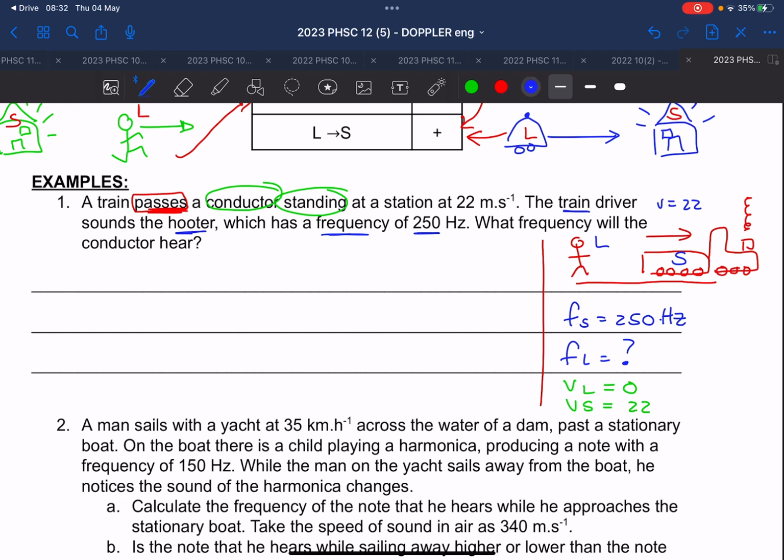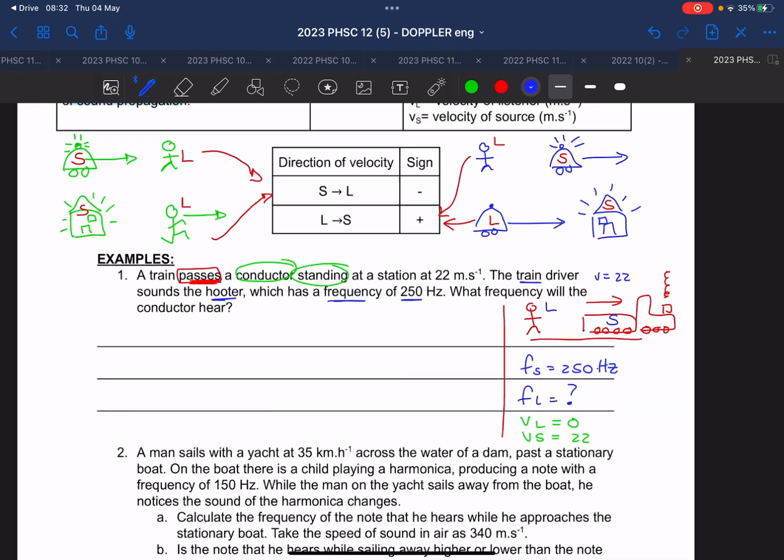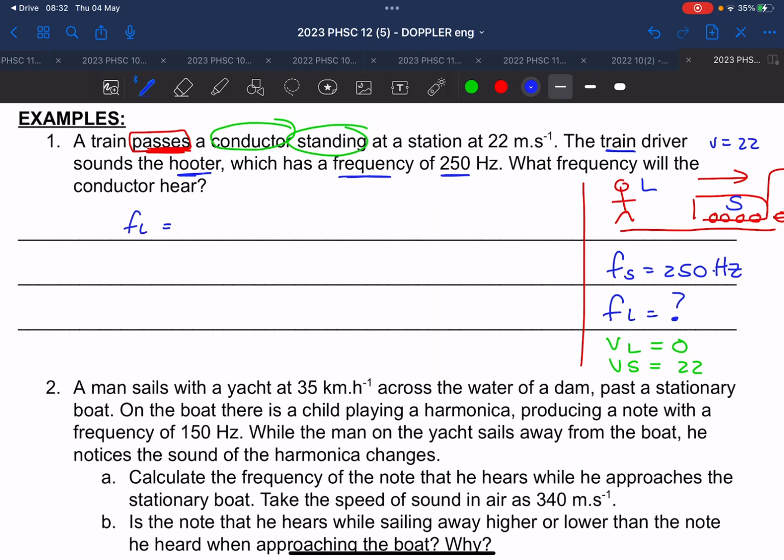So we're going to write down our formula exactly like it is given on our data sheet. When we substitute our values, we're going to choose is it a plus or a minus.